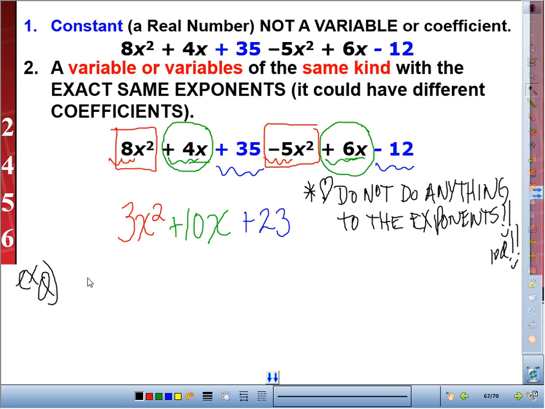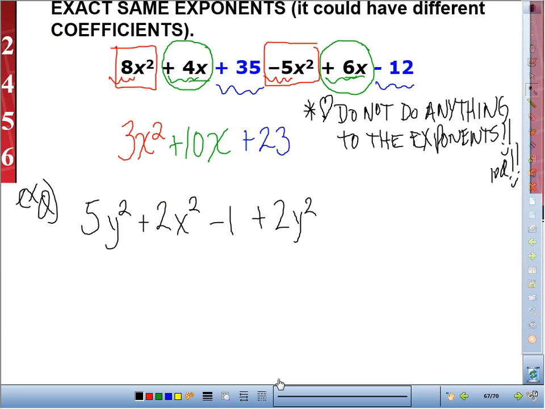We got 5y squared plus 2x squared minus 1 plus 2y squared. I'll give you some time so you can finish taking notes and then copying that example. And then we'll go ahead and do that one together. Okay?